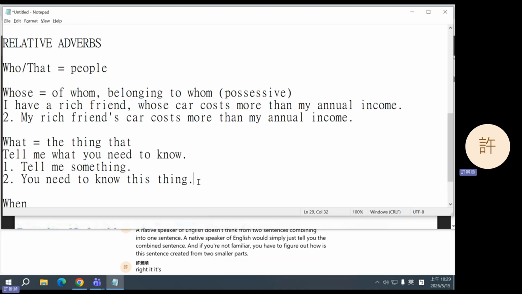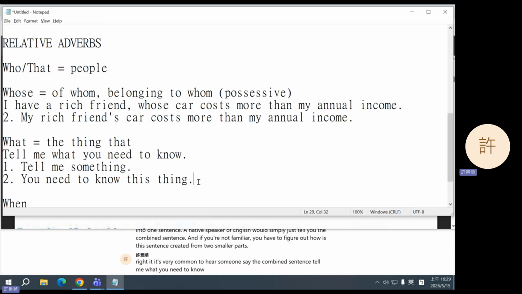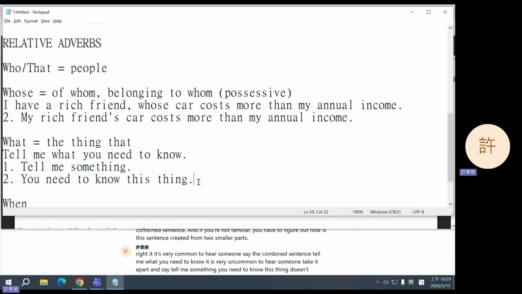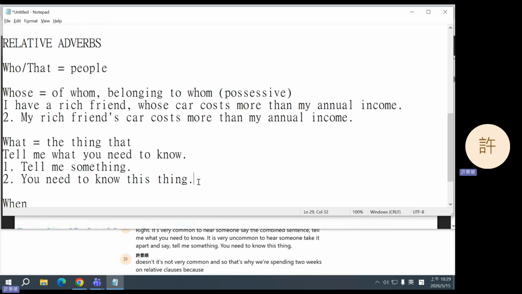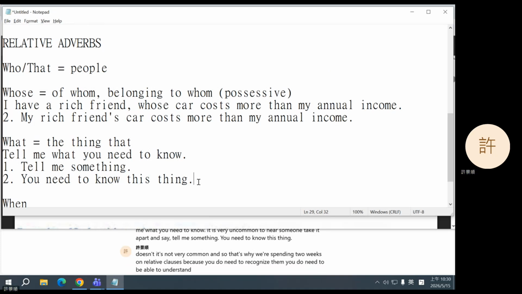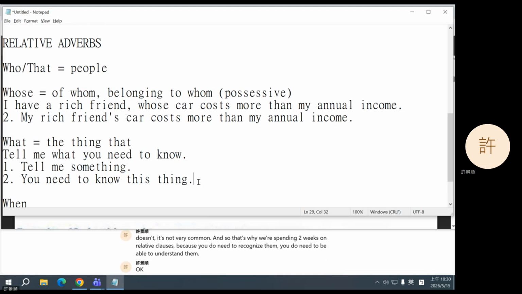It's very common to hear someone say the combined sentence, tell me what you need to know. It is very uncommon to hear someone take it apart and say, tell me something. You need to know this thing. It's not very common. And so that's why we're spending 2 weeks on relative clauses, because you do need to recognize them. You do need to be able to understand them.